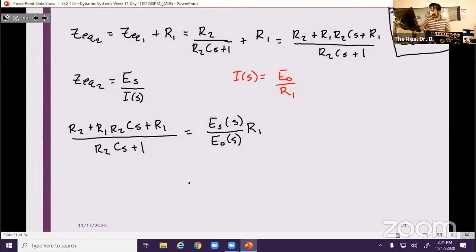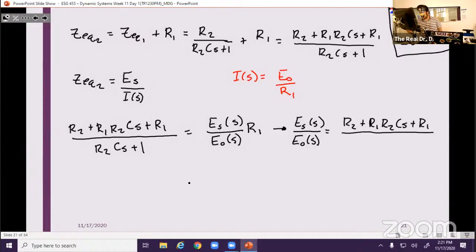So I divide, right? And get ES over E out of S is equal to R2 plus R1 R2 CS plus R1 over R1 R2 CS plus R1. And we're close. We have ES over E out, we need to flip it. So now we flip it.